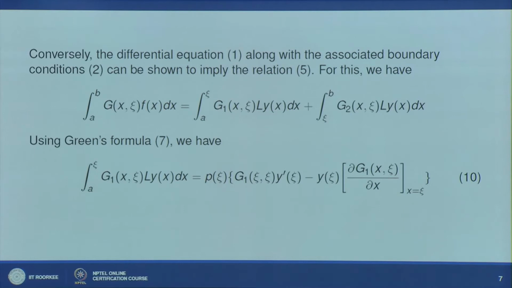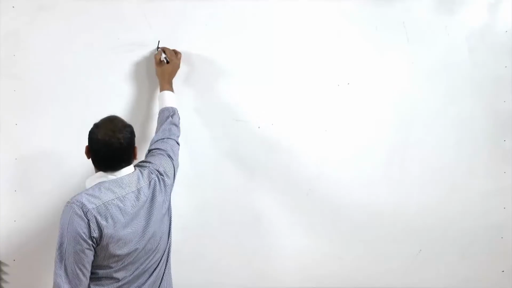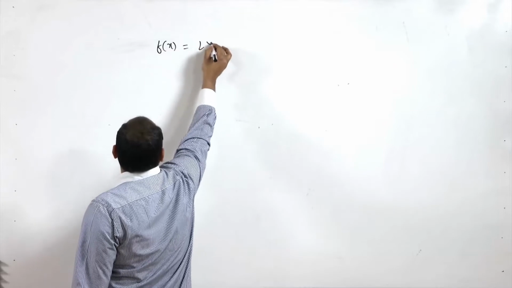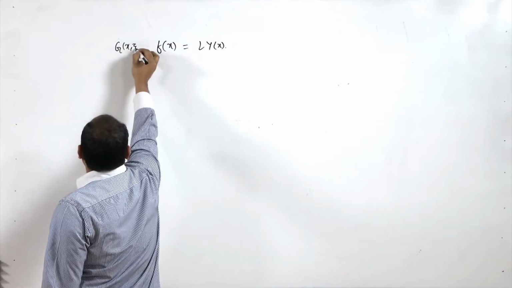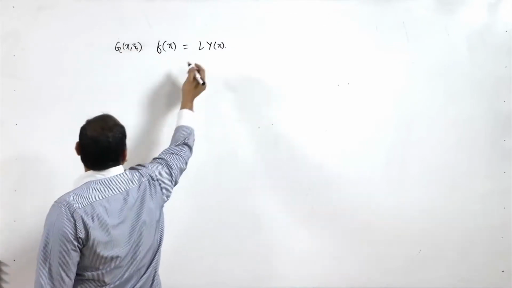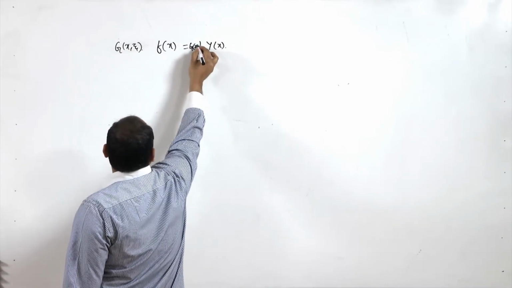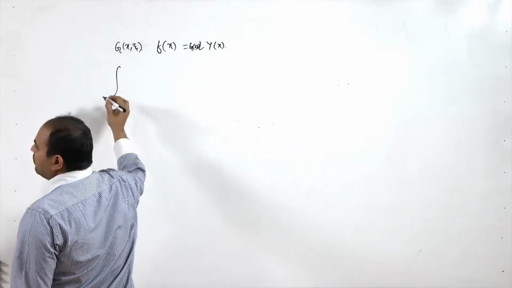Now looking at the converse part, we want to show that differential equation 1 along with the associated boundary condition will give you the expression y of x equal to the integral from a to b of g x xi f of xi d xi. For that we consider f of x equal to Ly of x, and then we simply multiply by g of x xi and integrate between a and b.